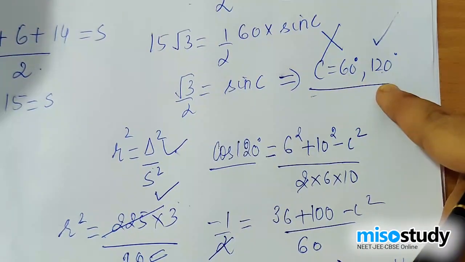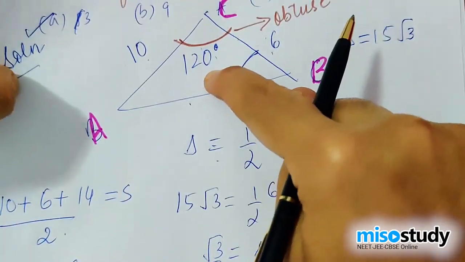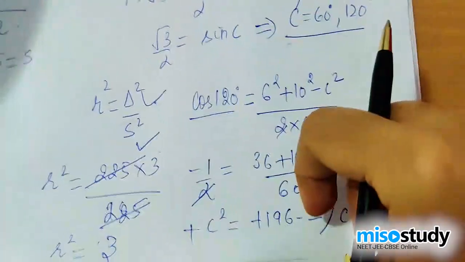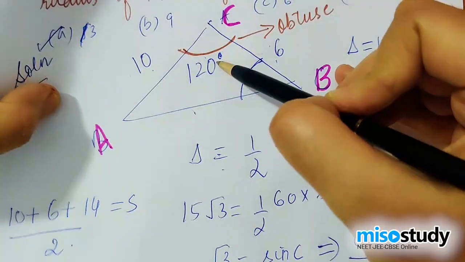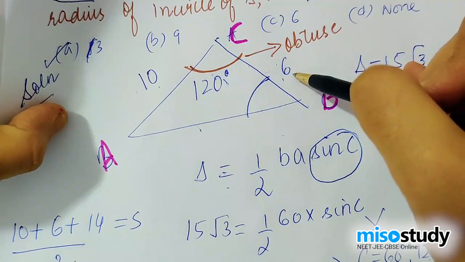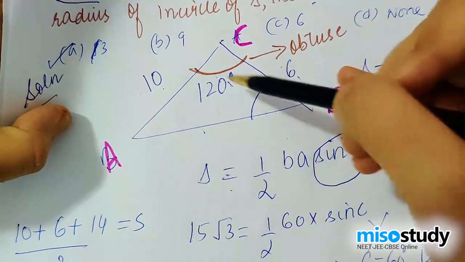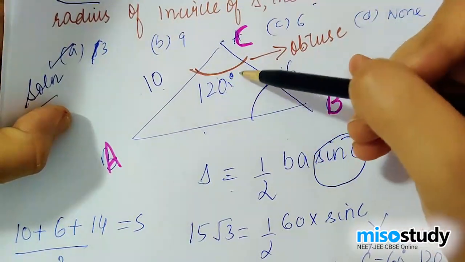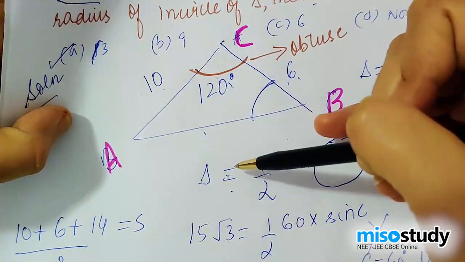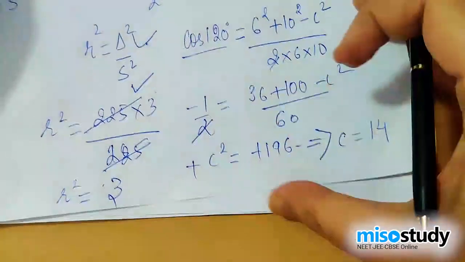Okay. Now that I know the value of angle c, my job is almost half done. If I know the value of this angle, I know the two sides. Generally in the cosine formula, if you know all the three sides, you can find out cos of the angle between two sides. But over here you know the cosine of the angle, so you can find out the third side, because you know 3 out of the 4 things over here.